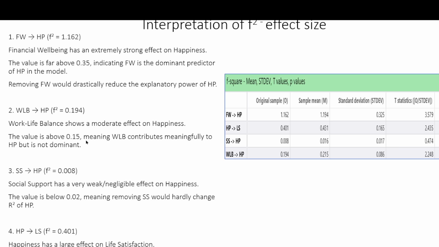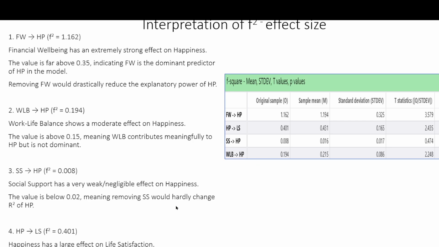The value is above 0.15, meaning WLB contributes meaningfully to HP but is not dominant. For SS, the F square is 0.008. So social support has a very weak, negligible effect on happiness. The value is below 0.02, meaning removing SS would hardly change the R square of HP.